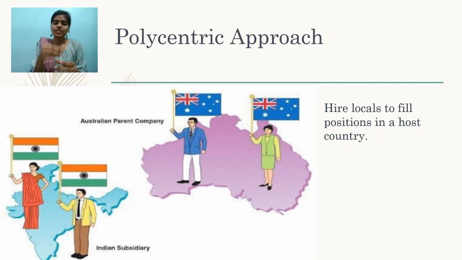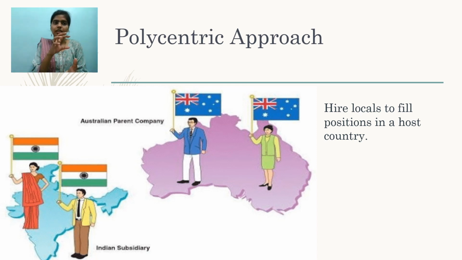Here, the organization hires locals to fill positions in a host country. So, you have a subsidiary company in another country, and you hire people from that country itself. They are the ones who are called locals. And the perspective with which this is being done is, organizations feel that locals know their land better, they know their people better.